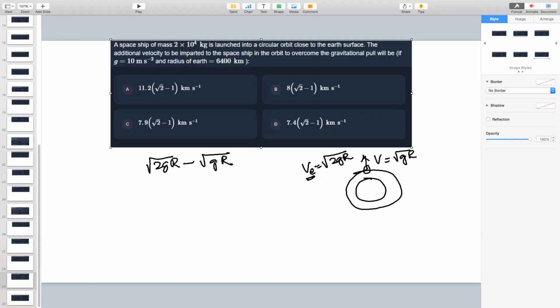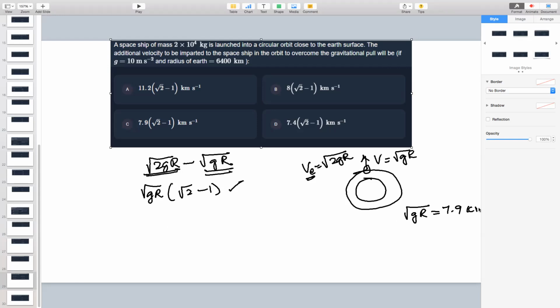Is it correct? Yes. Now this is the additional velocity required. Already it is having root gR velocity. This is the additional velocity we have to give. Taking root gR common, it is root 2 minus 1. It is the answer.